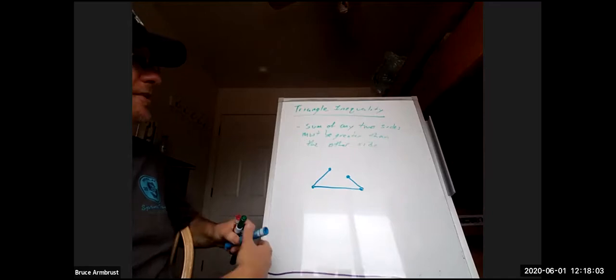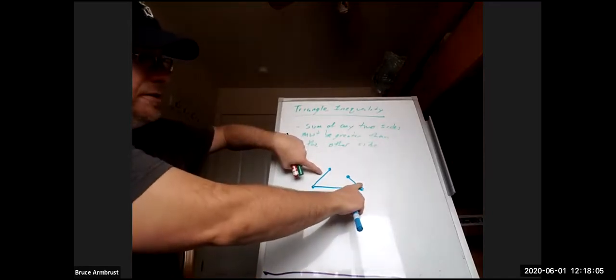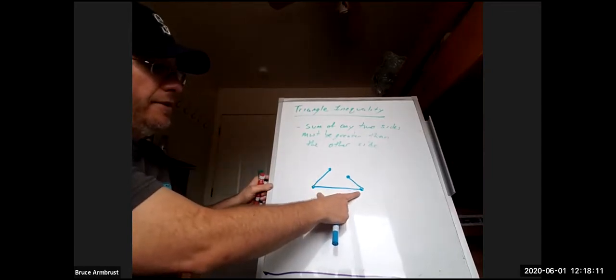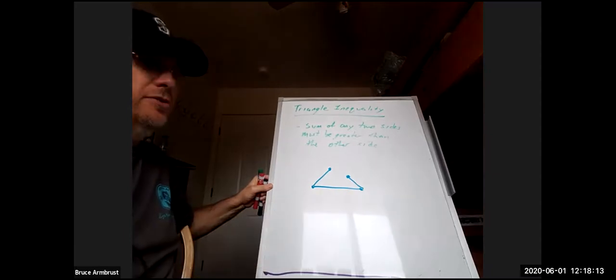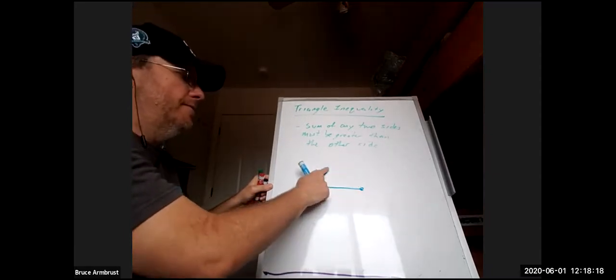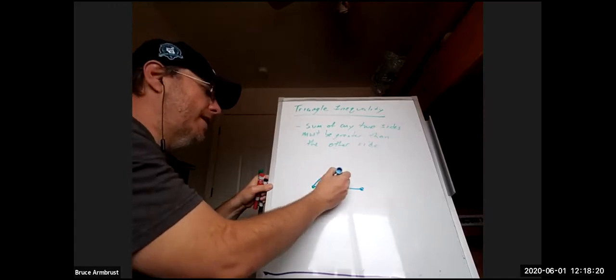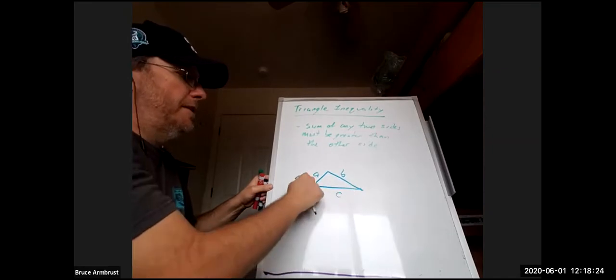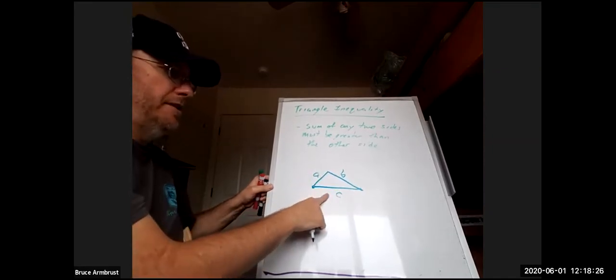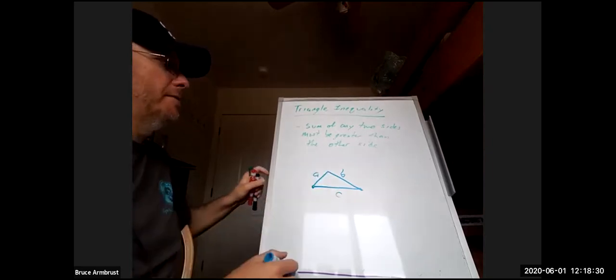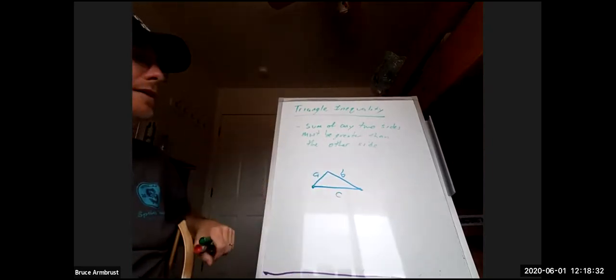But you can see that if the sum of those two lengths isn't at least the length of the third side, there's no way we're going to be able to build a triangle. So if we make a triangle, no matter what, you'll notice here A plus B is longer than C. B plus C is bigger than A. C plus A is bigger than B. And that's what this says right here.